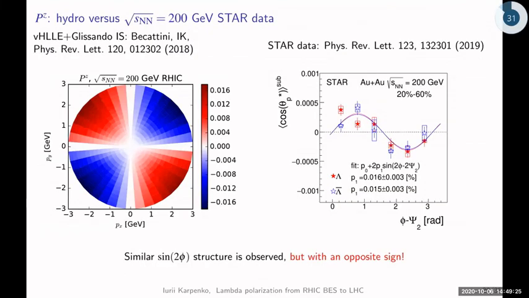Now, this all looks very nice and comprehensive, but there is one problem: the signal which we got in the hydrodynamic calculation had exactly the opposite sign to the data. So this problem still persists.